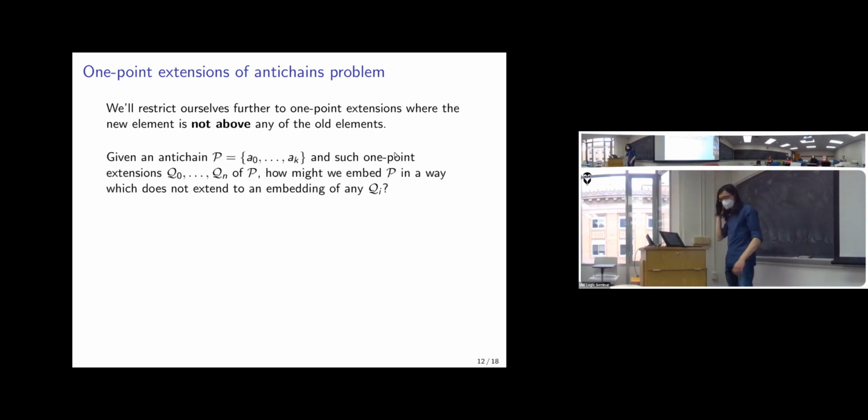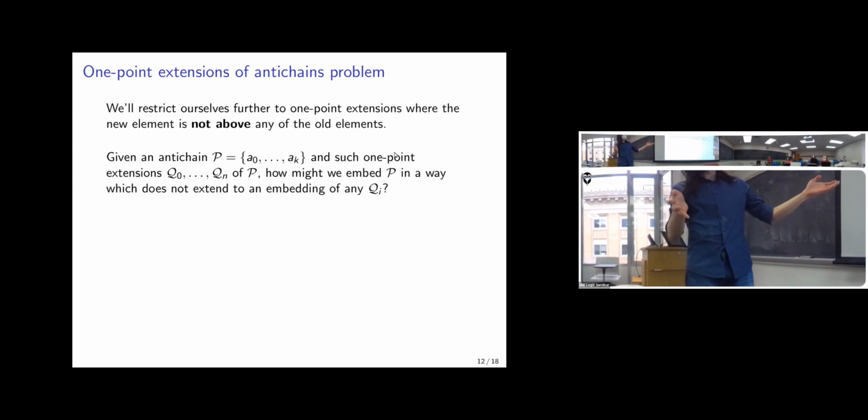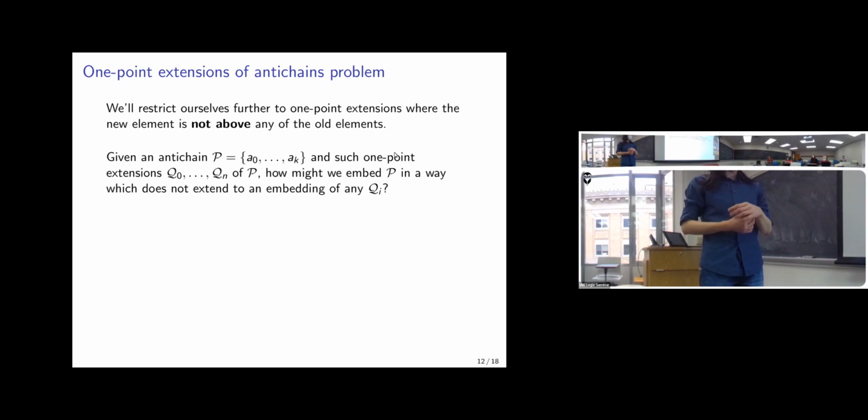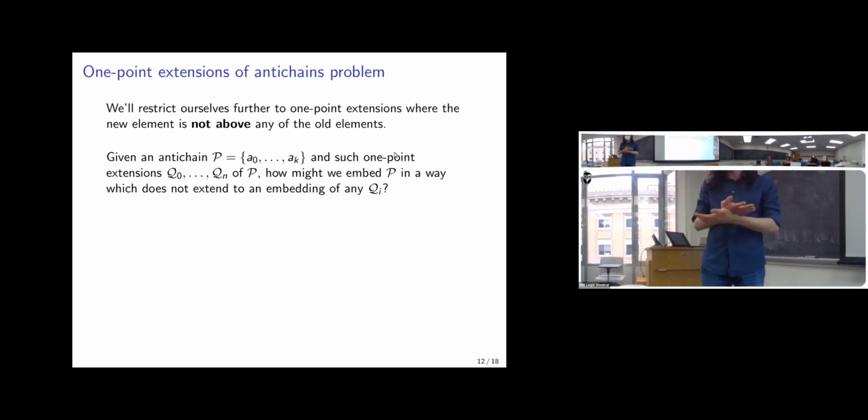Now, let's think about some basic considerations here. What are some obvious ways in which we might try to extend embeddings, and how can we defeat all possible extensions of embeddings? We're given an anti-chain, and some one-point extensions of this special form. How might we embed the anti-chain in a way that prevents it from extending?